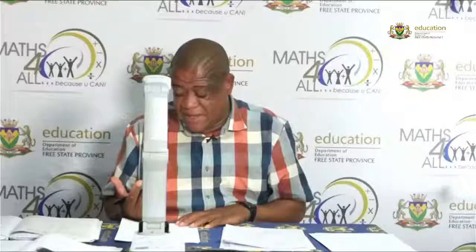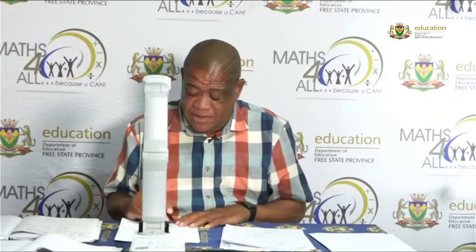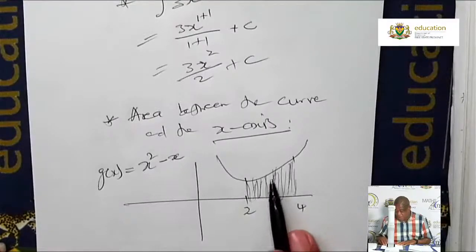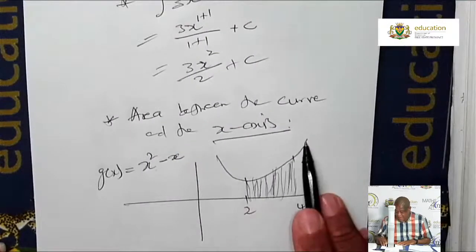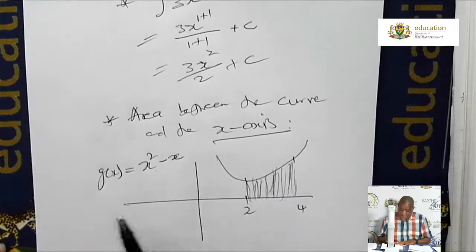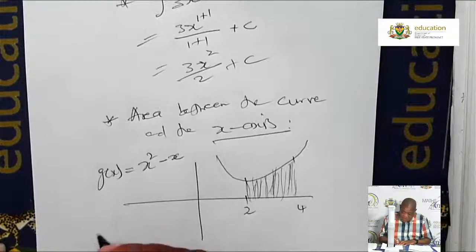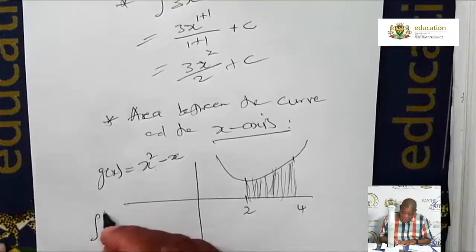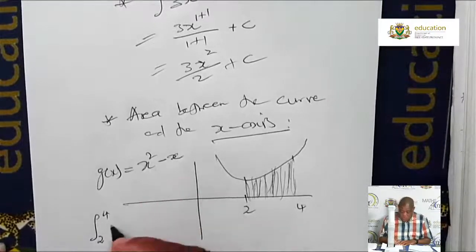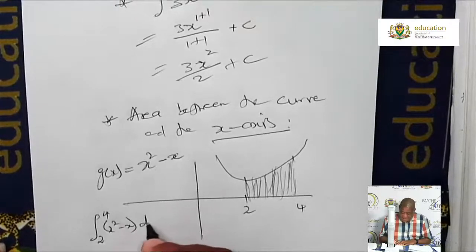But what is the expectation? They only look for the area that is falling between the curve and the x-axis, but within this. In essence, how do we see it? We must see it as the integral with the upper limit 4, the lower limit 2, of this x squared minus x dx.